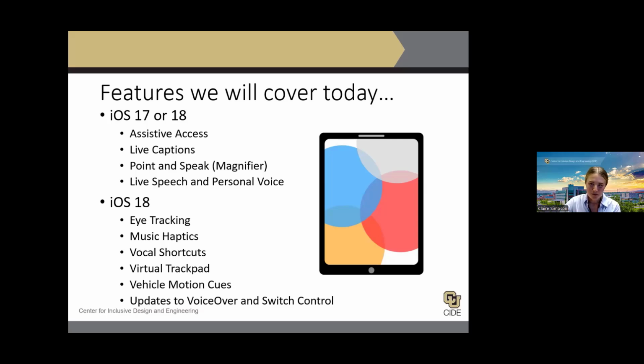My vision for this webinar was that I would screen share from my iPad here and show you some of these features. However, what I failed to account for was that most accessibility features won't show up in a screen share or even sometimes in a screenshot or a screen capture, which makes sense, right?